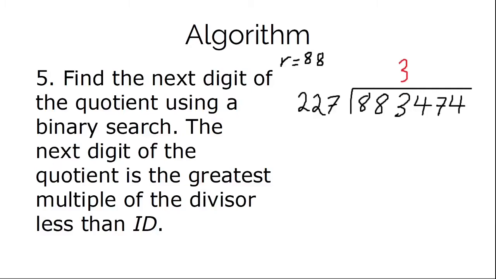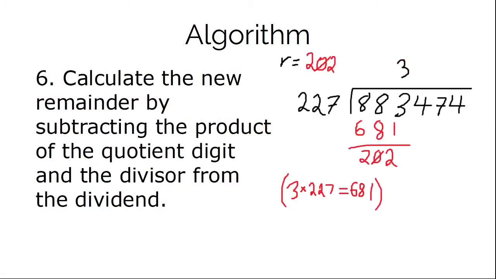Now, the next digit of the quotient is the greatest multiple of the divisor less than the intermediate dividend, and this is just our condition that we are giving to the binary search algorithm to find the actual quotient. And we went over this a lot in the decimal example. Now, step 6.